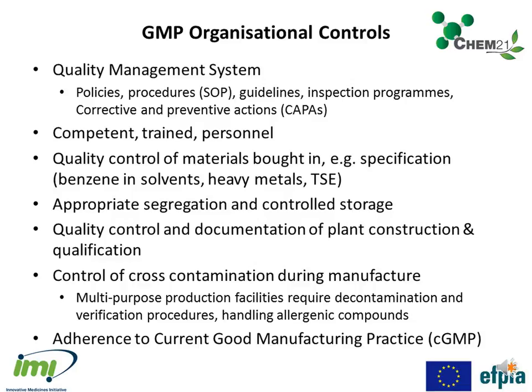So in a multi-purpose plant, that would mean decontamination, verification procedures that the cleaning had been successful, and adherence to current good manufacturing practice. So regulations do change, and plants need to operate to CGMP.